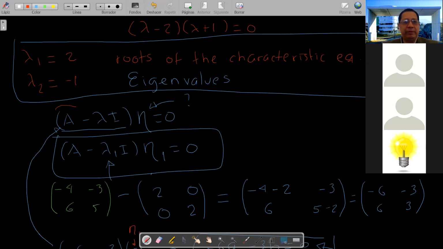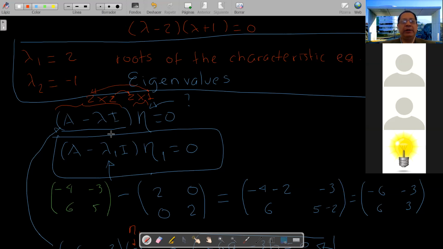And for the product, we have a 2 by 2 matrix, so the eigenvector has to be a 2 by 1 matrix. The number of columns of the first matrix and the number of rows of the second are the same, 2 in this case, and the resulting matrix will be 2 by 1.